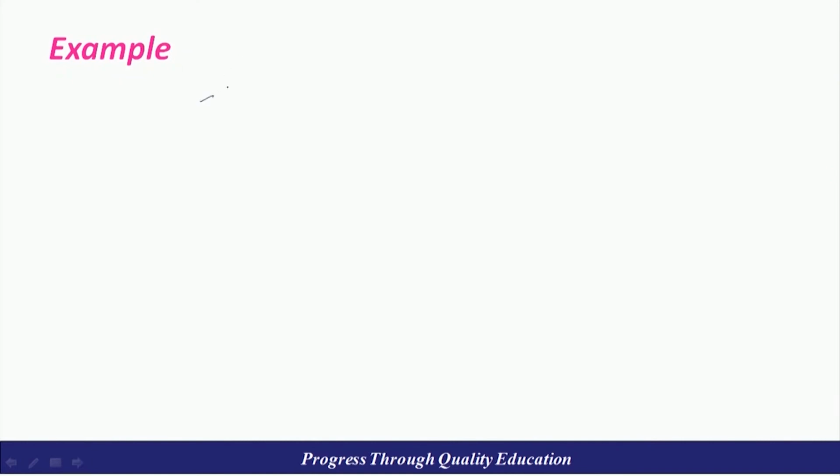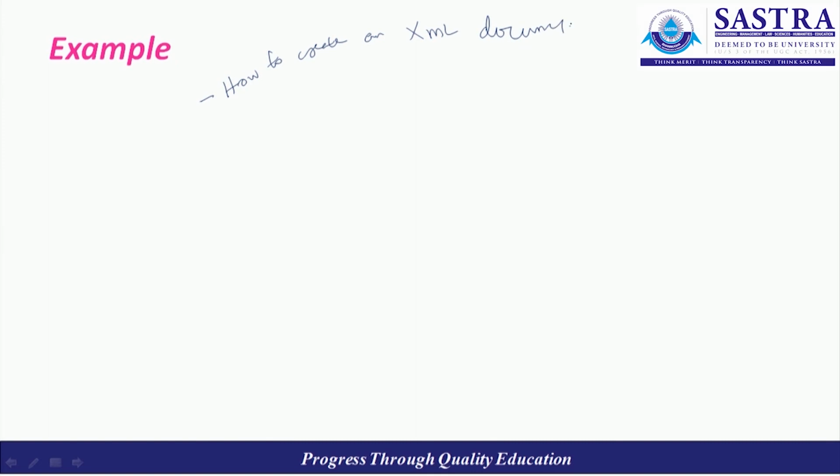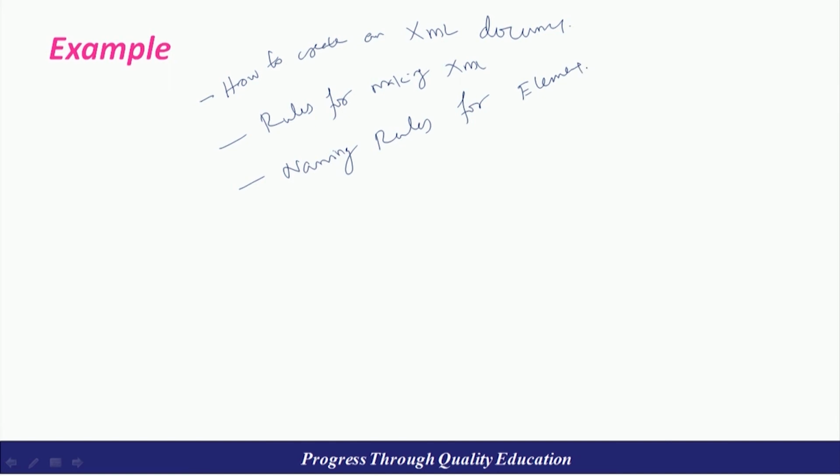We have studied the rules for making an XML document, then the naming rules applied for elements, all categories of elements, parent, child, subchild, root, as well as attributes, and also the values, how they should be given.